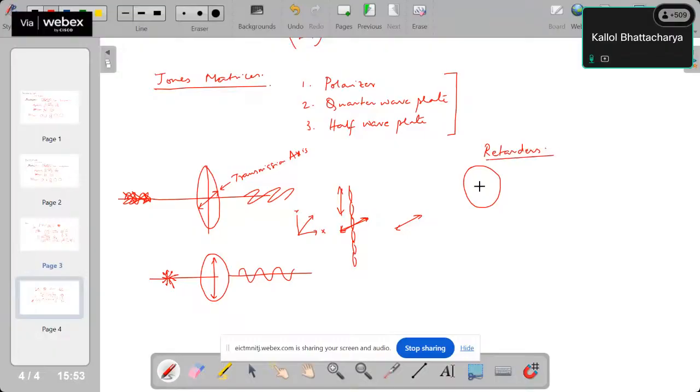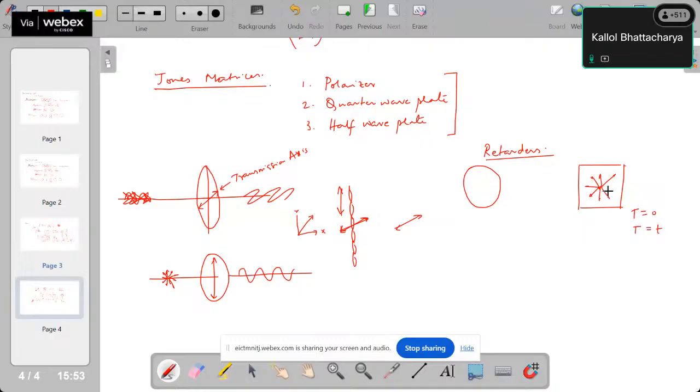Now, what are retarders? You see, in an isotropic medium, suppose you have a point source which you can control, and at t equal to 0 you switch on the point source. At some small time t, light has propagated up to this distance.